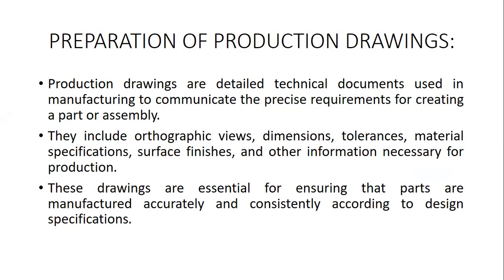The production drawing will normally be represented in orthographic view with the dimensions, tolerances, material specification, surface finishes, etc. These drawings are highly essential for ensuring that the parts are manufactured with better accuracy and consistently maintained according to the design specifications.